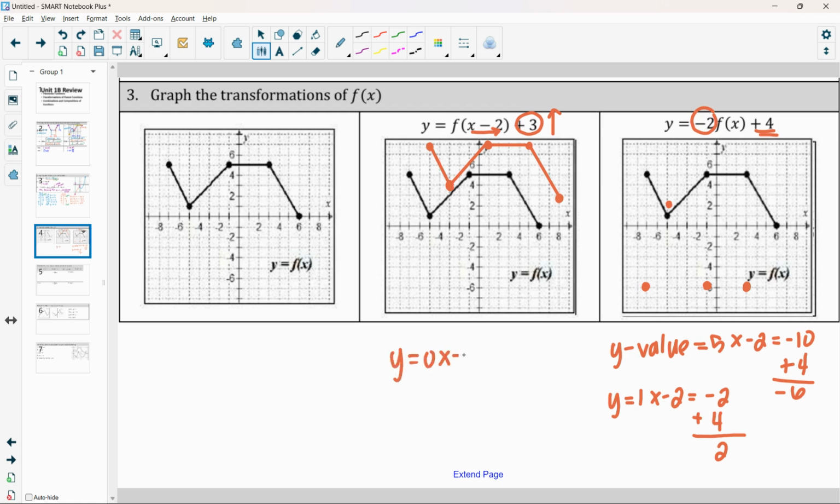Well, we'll multiply that by -2, and that gives us 0. And then we'll vertically shift it up 4, so that puts us at 4. So this one's going to be up at 4. And then you can just connect those. But the vertical dilation just multiplies the y by that number.